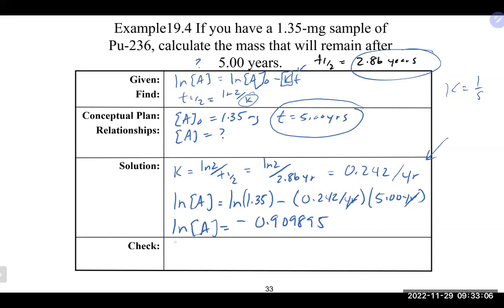To get rid of the natural log, we have to e both sides. Those guys get rid of each other. That leaves us A is equal to, we'll call it, 0.403. The units here would be the same as our other value, which was milligrams.